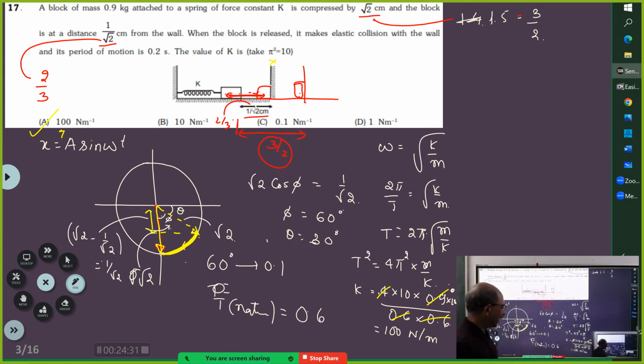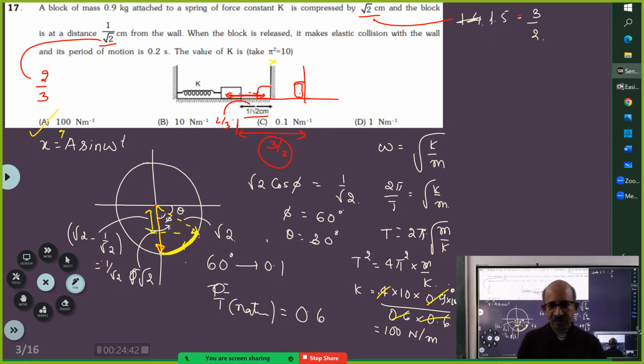Sir, one doubt. If that wasn't the wall, if some kind of body was there, sir... The thing they showed in the figure, sir, that was a kind of card, U-shaped.